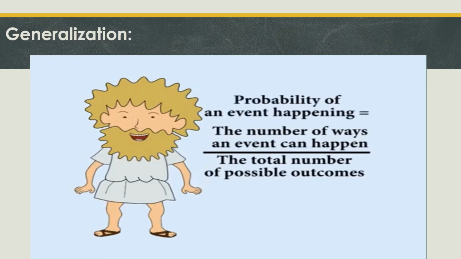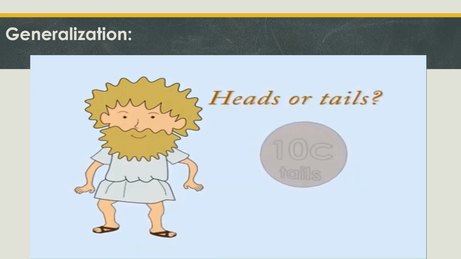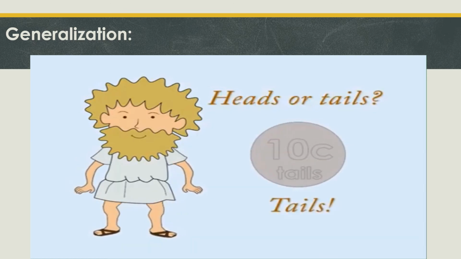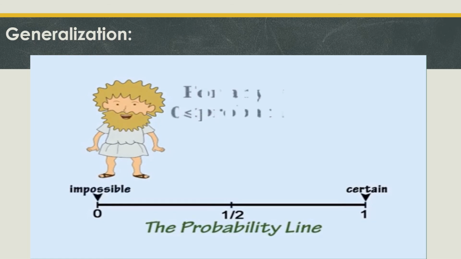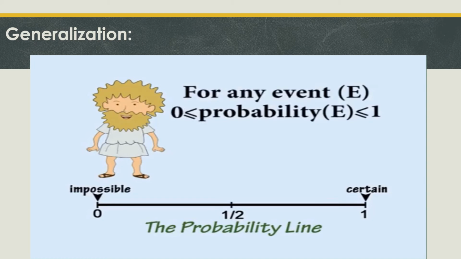And that's what we mean by probability. One means total certainty, naught's impossibility, and the chance of anything happening lies in between. And that's what we mean by probability.